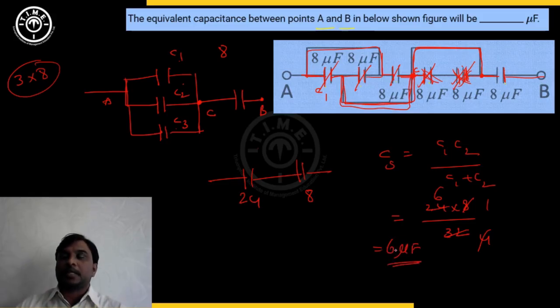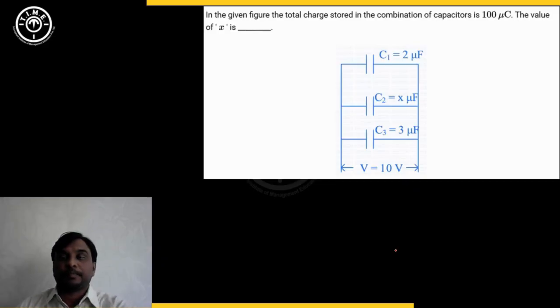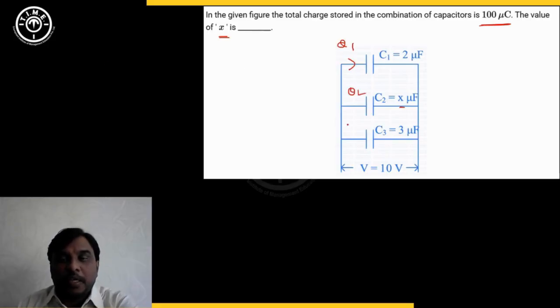Answer is 6 microfarad. Moving to the next question. In the given figure, the total charge stored in the combination is 100 microcoulomb. Find the value of x. Look at this, how are those connected? As simple as that, they are connected in parallel. So the total charge: here the charge is Q1, here Q2, here Q3.